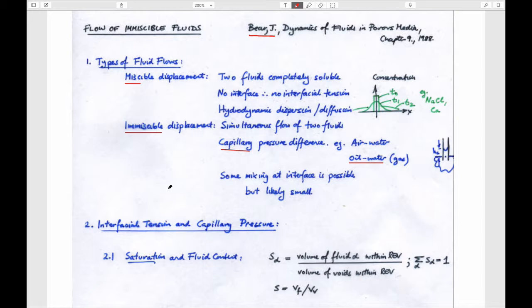And we're talking about behavior which is immiscible, which is the most difficult case. And later we'll talk about miscible displacement. Miscible displacement is where you take a blob of ink and put it in a beaker of milk. If you drew a cross-section across that ink blob and drew its concentration initially, it would look like this.